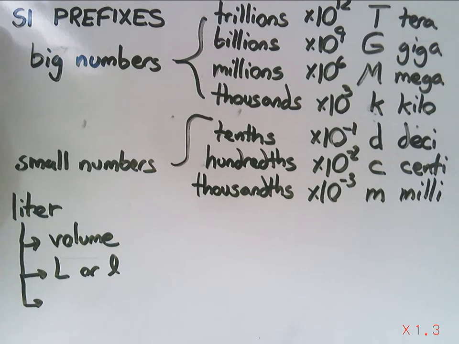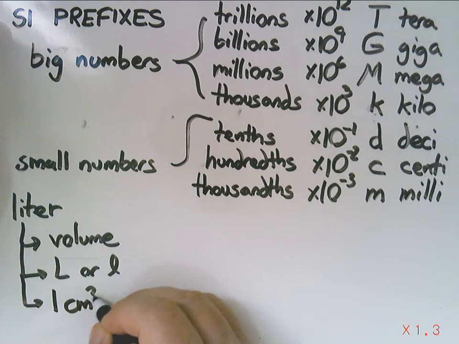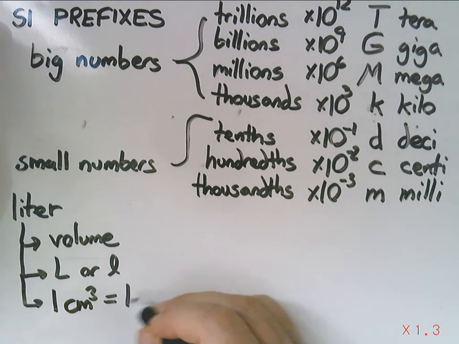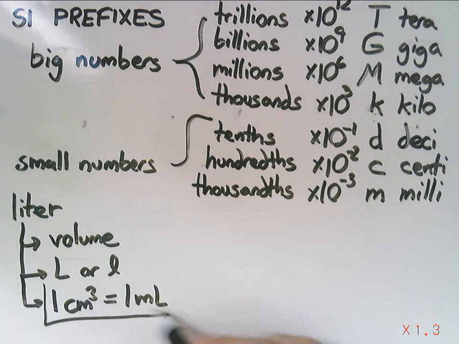Now, volume, we said, is a length cubed. 1 centimeter cubed is 1 milliliter. So now that I know what a milli is, a centimeter cubed is a thousandth of a liter. So when you say a milliliter, that's the same thing as a cubic centimeter. Let's put a box around that. That's the definition of a liter.